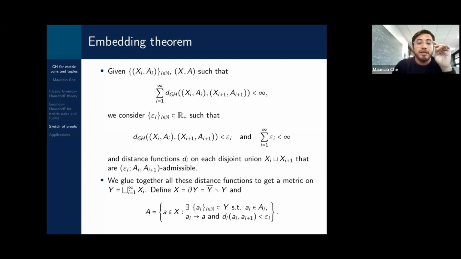And finally, the subset A will be simply the set of points in this set X that are limits of sequences of points in Y, such that each point in the sequence is in the corresponding subset Ai, and such that the distance between consecutive points in the sequence is less than epsilon i. One has to check that these satisfy the condition, but this is the way to construct that limit space.